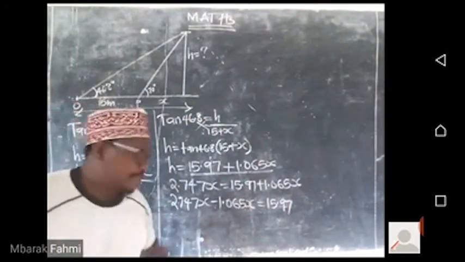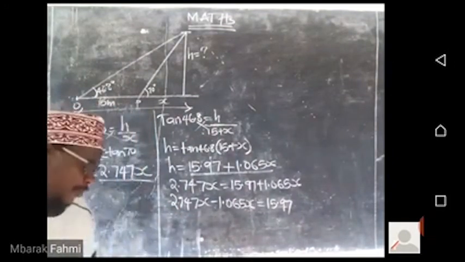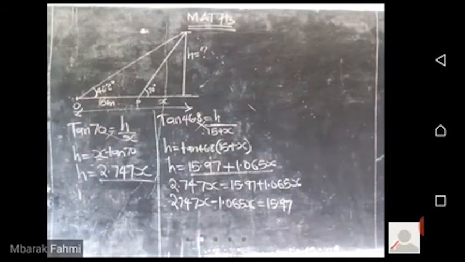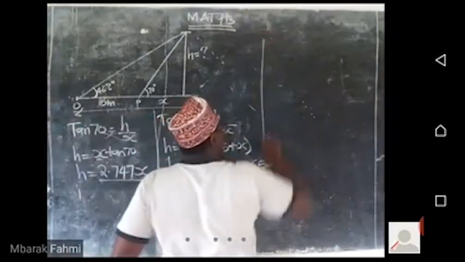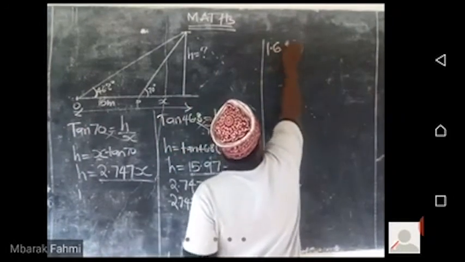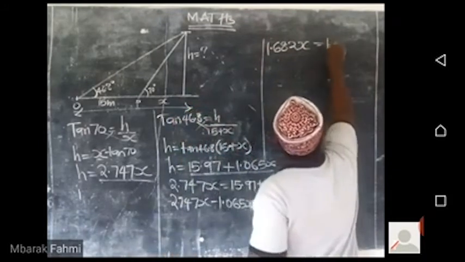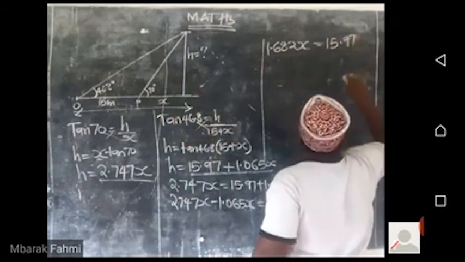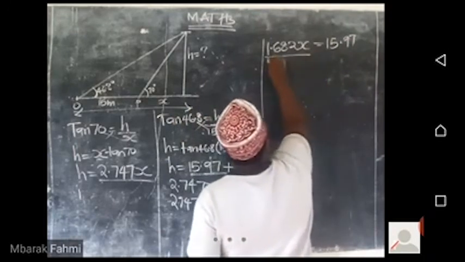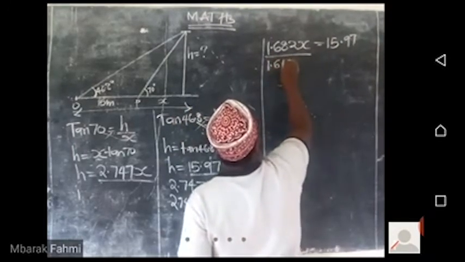So we subtract the two: 2.747 minus 1.065 is going to give us 1.682. So 1.682x is equal to 15.97. To remain with x, divide both sides by 1.682.